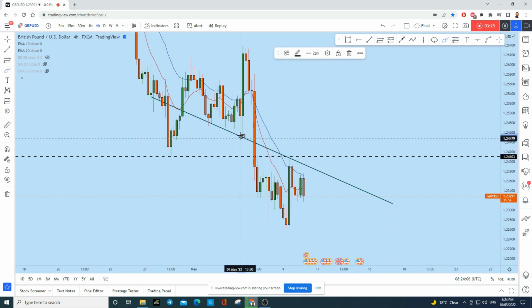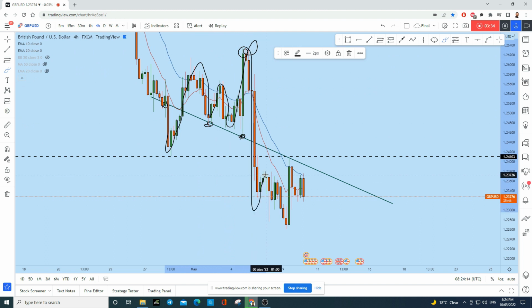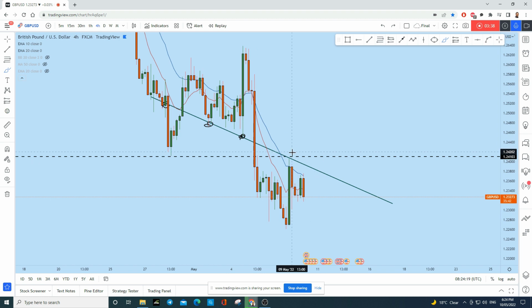There is a support here on the 4-hour, a support here, a support here, a fake out here and there, and then a fake out to the upside broke this level of support and created another structure with this green candle. Basically GBPUSD went above, tested this support as resistance, then broke down again, came above, and tested this 20 period moving average on the 4-hour time frame.